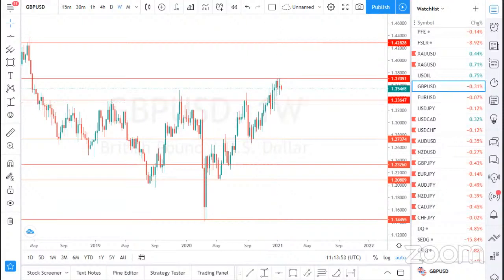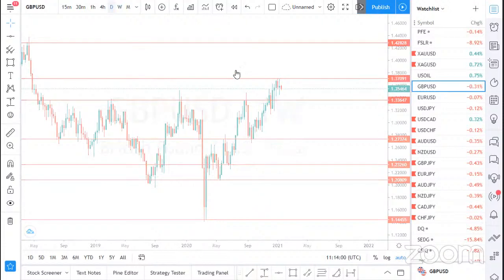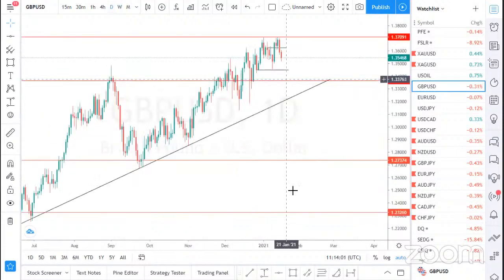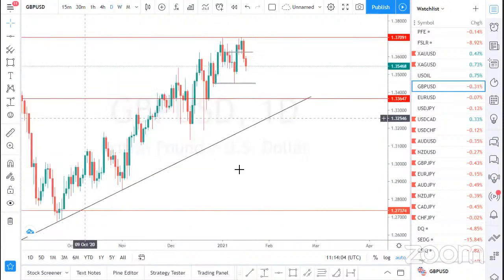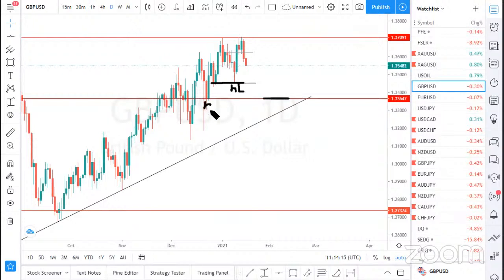This is the weekly chart of the British pound sterling against the USD. Here's the daily chart frame. We have to pay close attention to see how price is going to react to this last swing high low we got right here. Likewise, the major key level structure right there is also a swing high low.